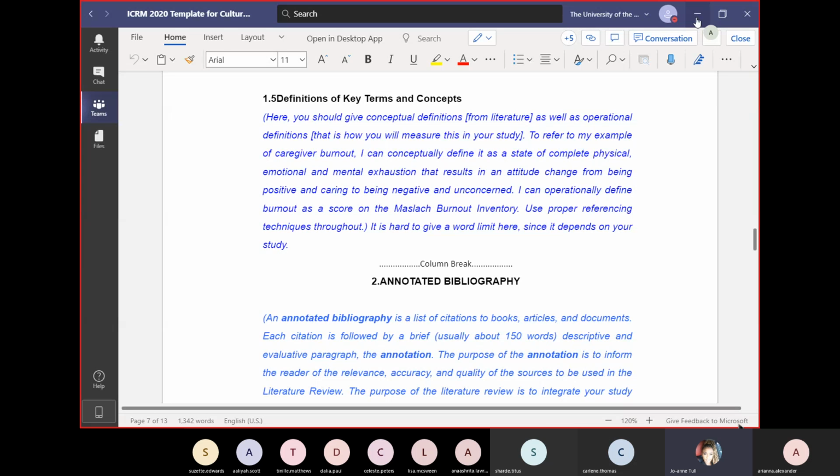Are you seeing it now? I'm now opening the document. I'm opening it on my phone actually. That might be why.